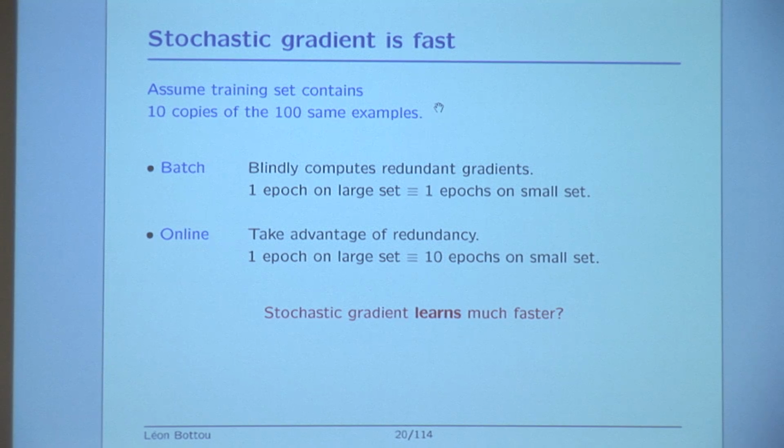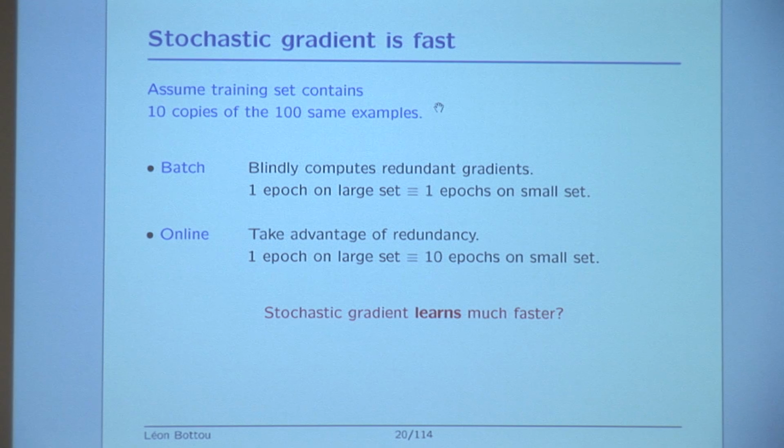You just did 10 times the work. If you do that with a stochastic gradient, you don't have this problem. You take examples one by one. So when you took 100 examples, you pretty much did the work that corresponds to the whole set. If you make a number of iterations equal to the number of elements in the large set, 1,000, you pretty much make the equivalent of 10 times what you would do with just 100.